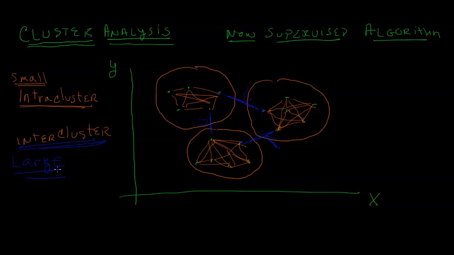So we want the clusters to be far apart, but within each cluster, we want the dots to be as close together. And when the intra-cluster distance is small and the inter-cluster distance is large, then we have a pretty good clustering situation.